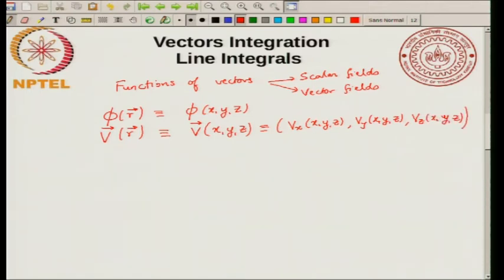Now there are some popular ways to define these line integrals, and based on what your application is, you use the appropriate one. One way of defining the line integral is to just do an integral over C. I will come to what C is. C is the contour, or path, of integration.